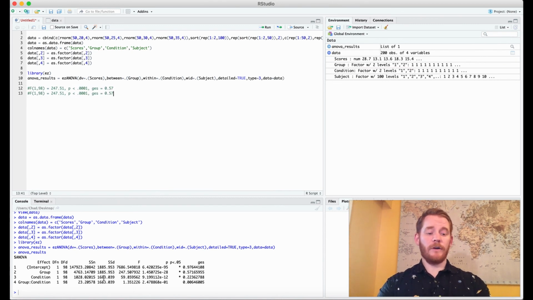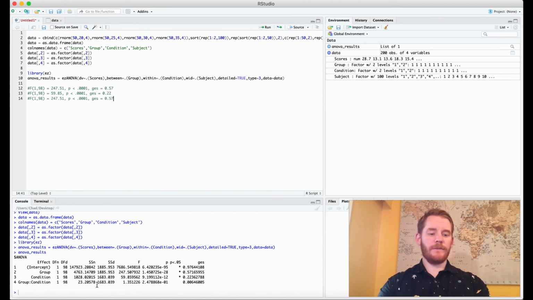Now we can do the same for our condition effect. Our F value changes to 59.86. Our p value is still really small, so it's still less than 0.0001. And then we have a generalized eta squared of 0.22.